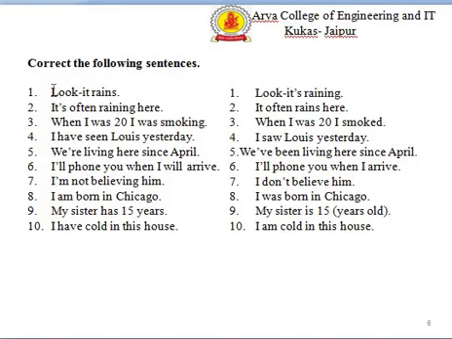So we look at some sentences here. Look, it rains. Students, when we say look, we are referring to a particular instant moment of action. And as we have discussed in the classes, any activity happening at a point of time, at a dot point of time, will always be continuous. So it's instantaneous.